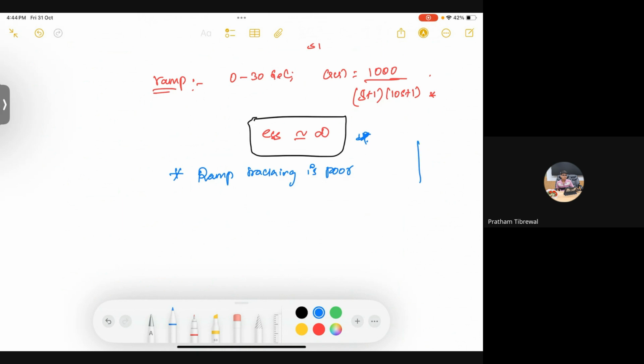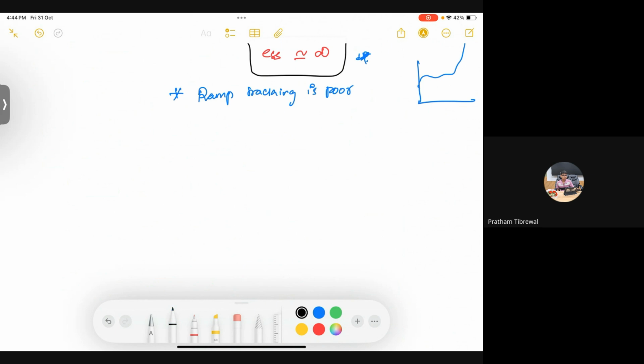Your output response won't settle at all. An infinite steady state error means your response is going somewhere as time tends to infinity. So there is no point in using the proportional controller alone. So let's try adding an integral controller.